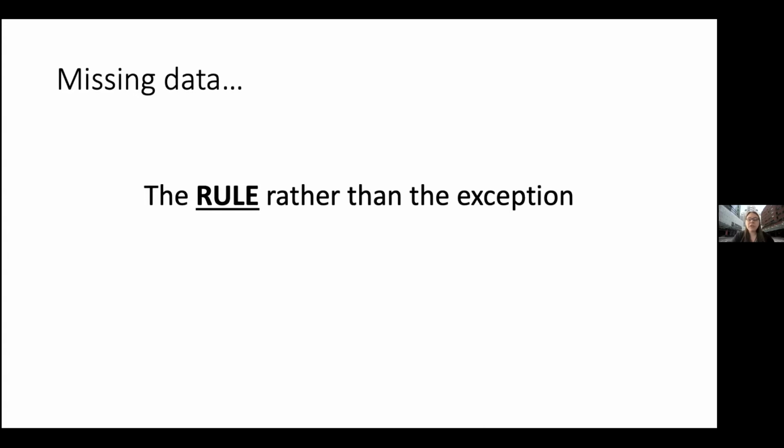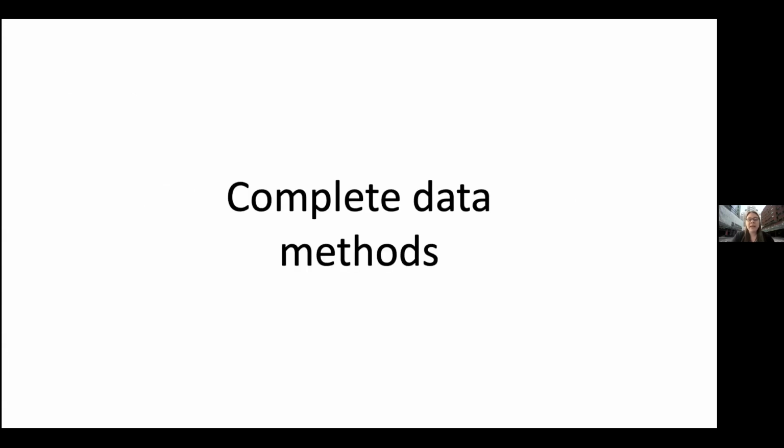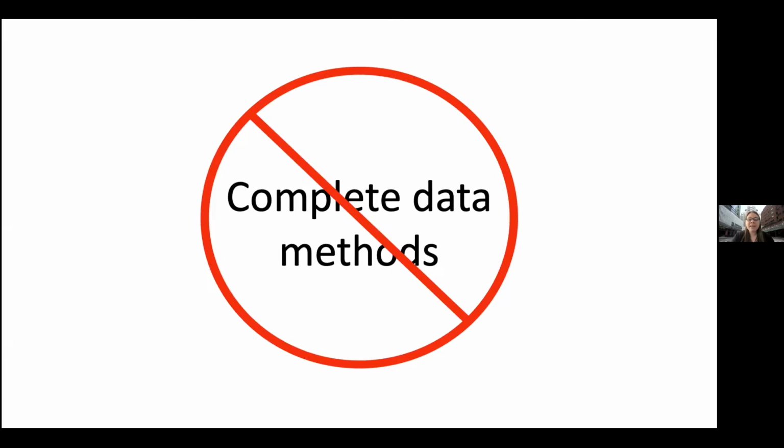So, when we're dealing with human subjects, this just happens. Participants drop out of studies, they don't respond to a survey, or maybe they refuse a component of an exam, and therefore we get missing data. And that's okay. It's expected. The problem is, though, that the complete data methods that we're commonly taught are not always appropriate in the face of missing data. And so today we're going to talk a little bit more about how we can address and deal with missing data in a better way.